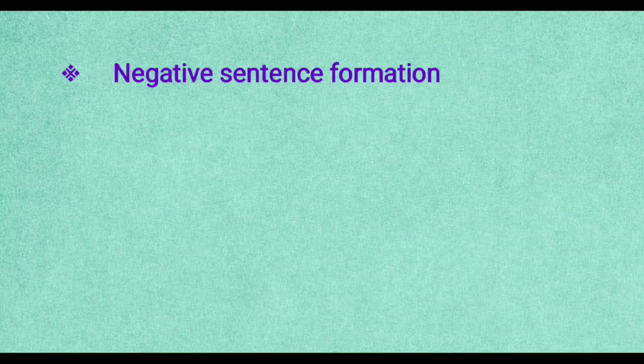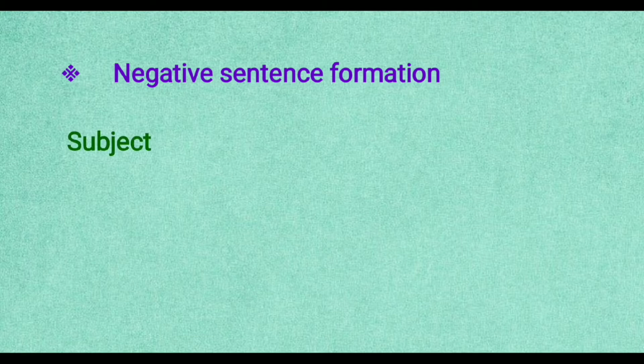Let's see the negative sentence formation. As we learned, in simple sentences, what is the formation of the sentence? Do you remember? We need subject, verb and object to make a simple sentence, right? In a negative sentence, we add some more parts of speech to make it in a negative form.